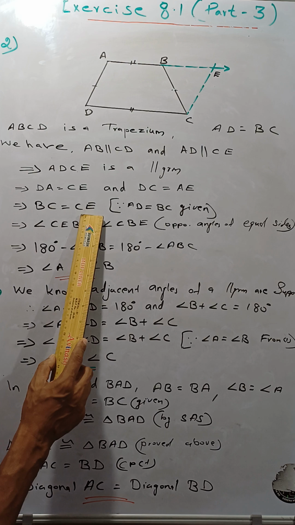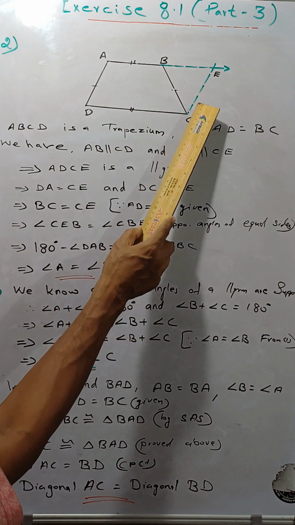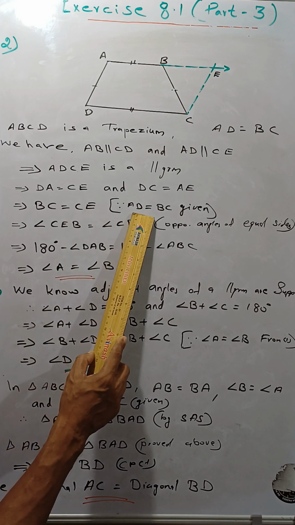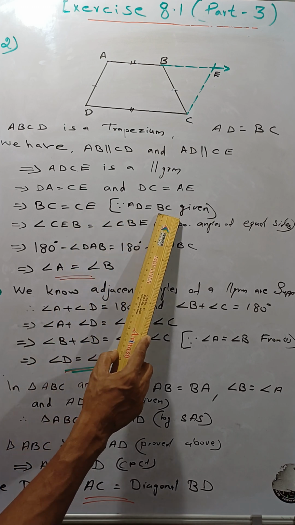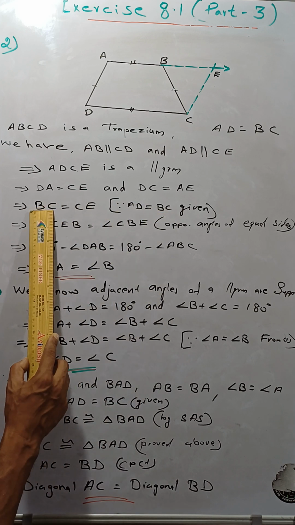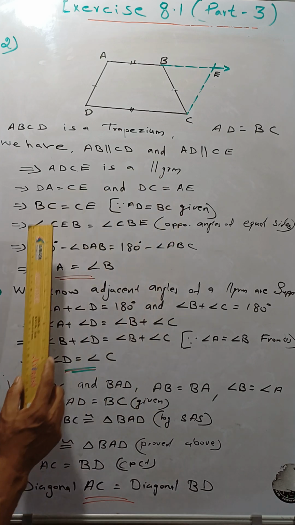BC is equal to CE. BC and CE are also equal. AD is equal to BC. That is why BC and CE are equal.